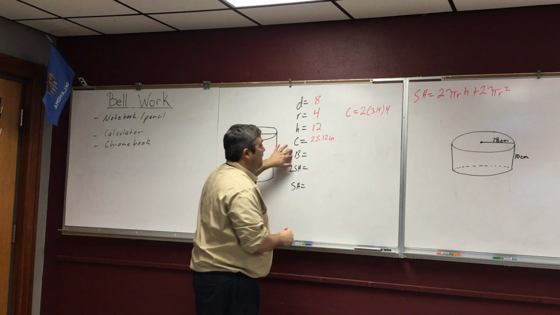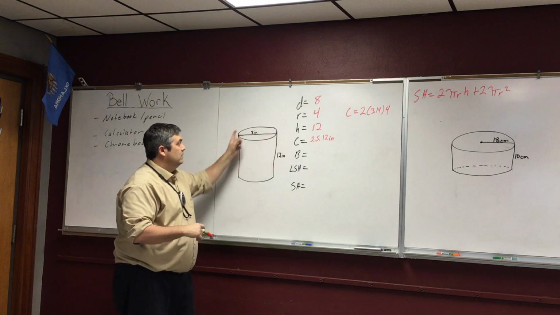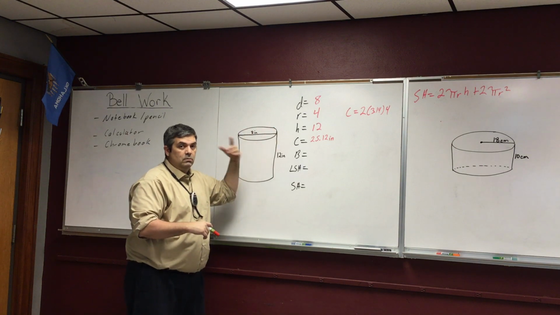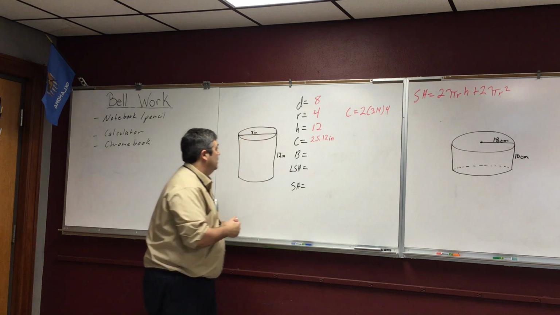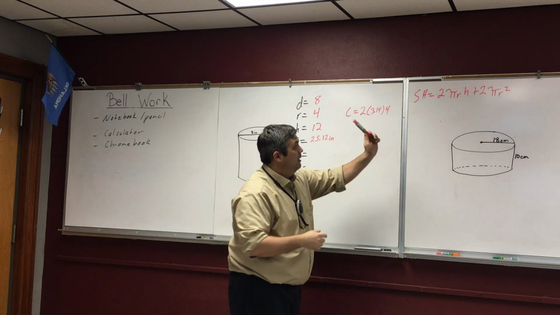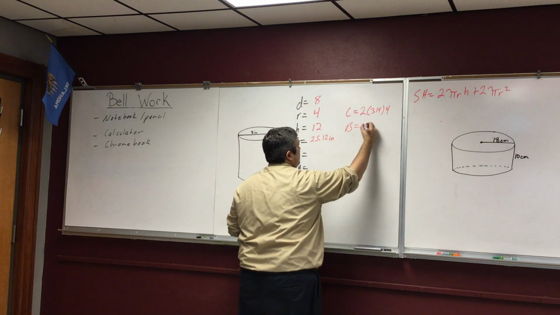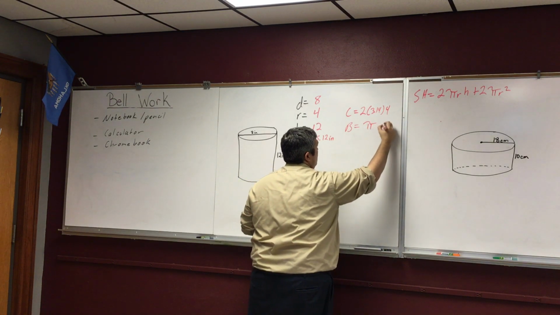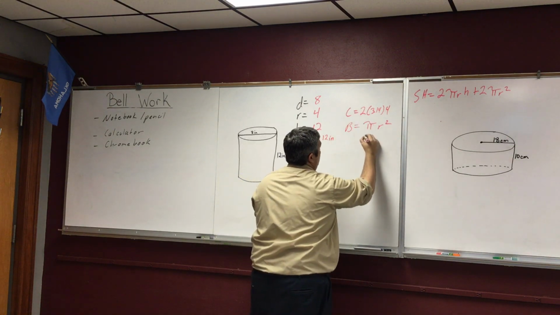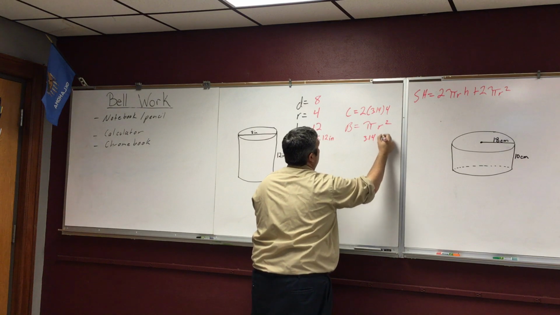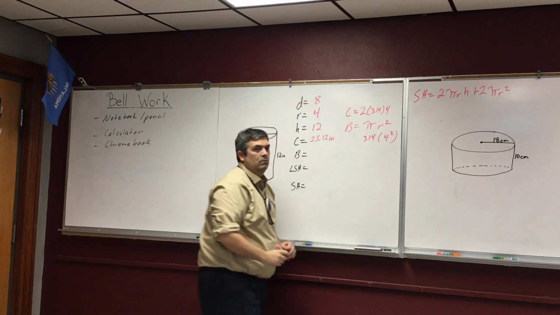All right, so base area. Well, the base area, remember, the base is a circle, so you're going to just find the area of the circle. Base area: pi r squared. All right, well, 3.14 times your radius, 4, raised to the second power.